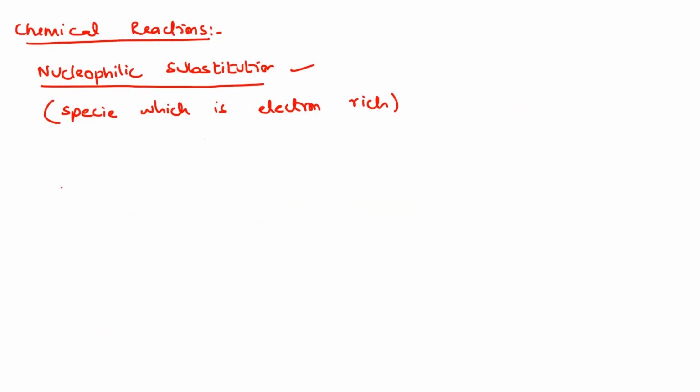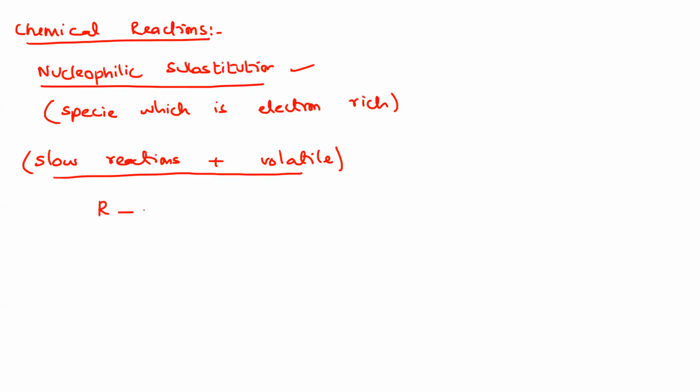Now, the problem with alkyl halides is they are very slow reactive. They have very slow reactivity, slow reactions. Also, they are volatile. So if we want a reaction of an alkyl halide with anything, it is too time consuming.